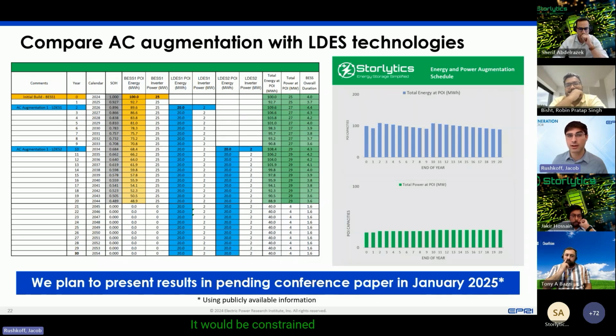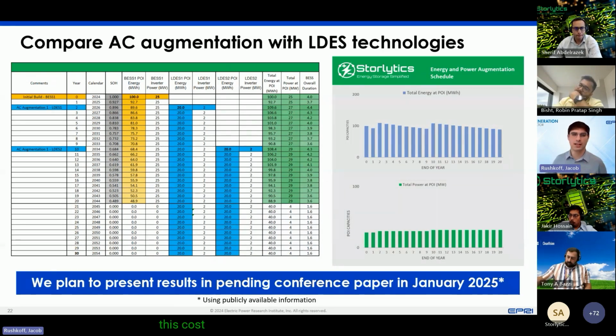It would be constrained by this 2 megawatts, or then 4 megawatts in the future. So that's something that impacts the dispatch modeling. It impacts how we total up the costs and benefits, and should be considered when you're thinking, okay, what do I want my system to actually do? How do I want this to behave in the market?